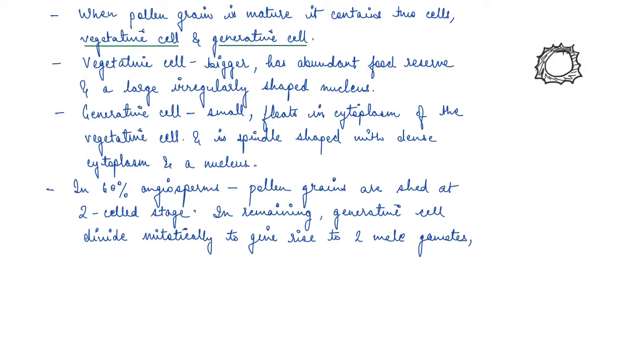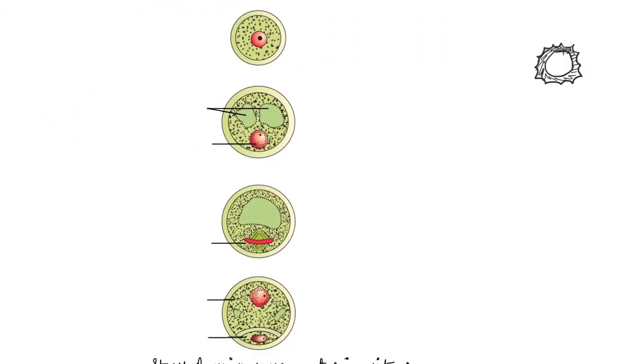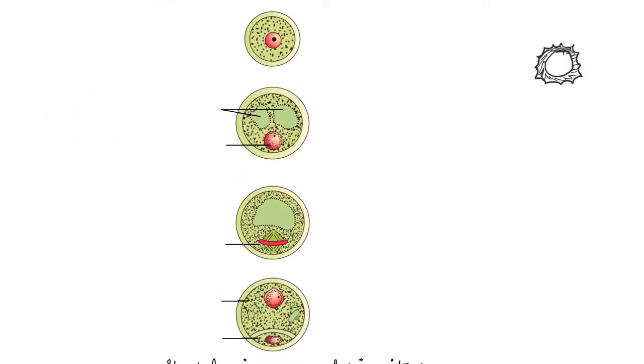So if I show you the diagram, it is nothing but this. Okay, so this is a pollen grain, and then it basically is maturing, and then it has one nucleus and it has various vacuoles.